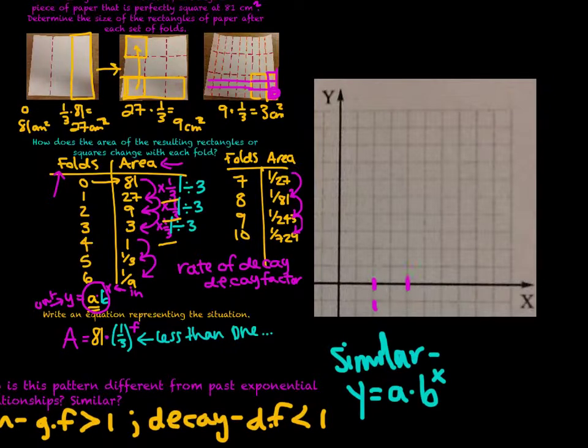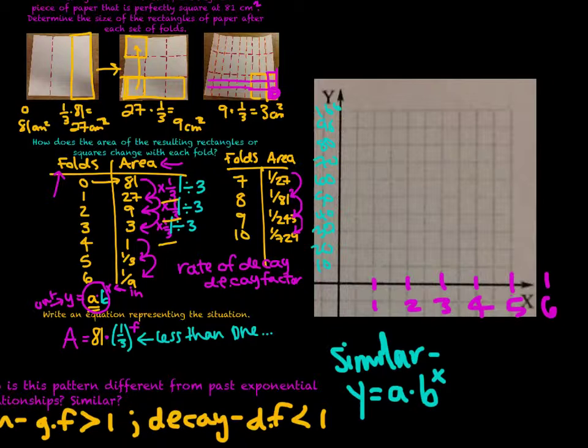I'm going to say 1, 2, 3, 4, 5 sets of folds, and I'll add a 6 here. Usually we can see things happening in a smaller set. So let's see if we can also create a scale along the top that works. So now I have a scale of 0 through 100, so it's going up by tens.